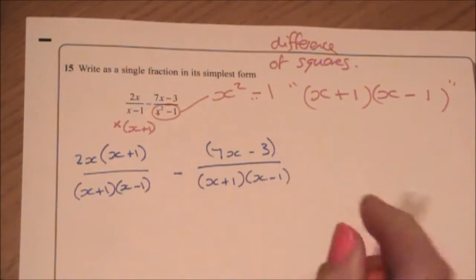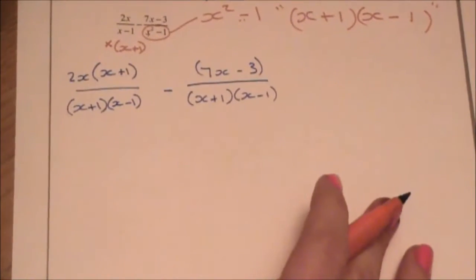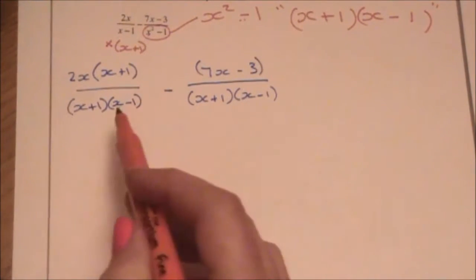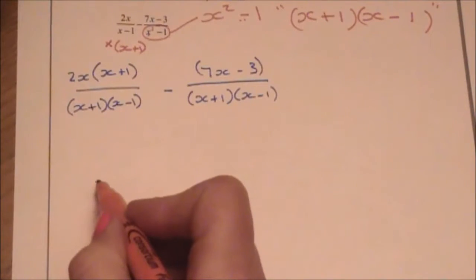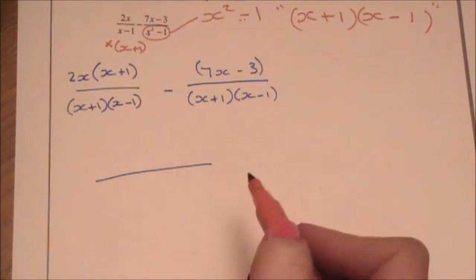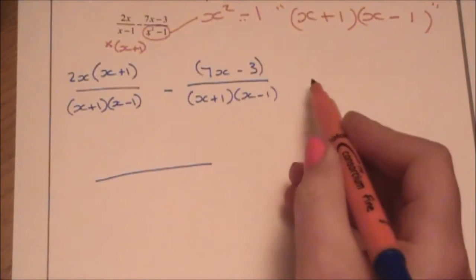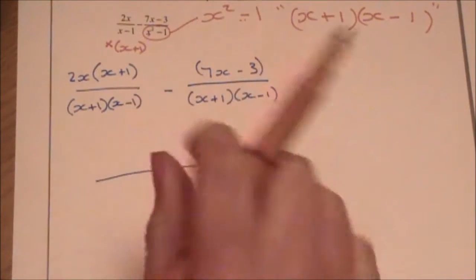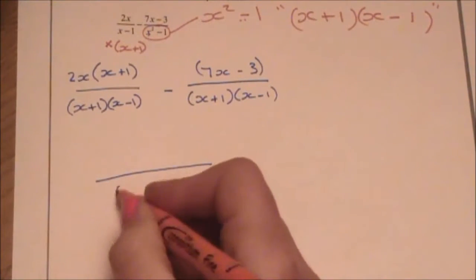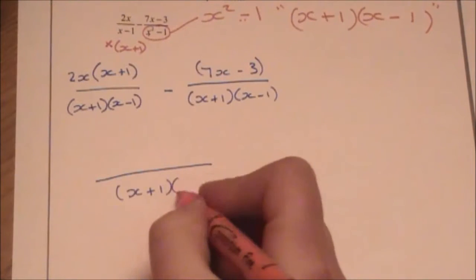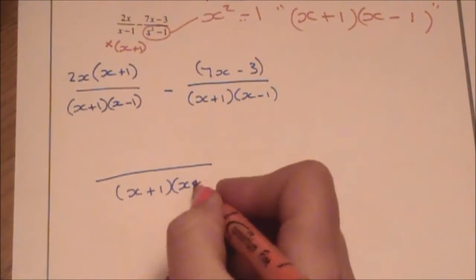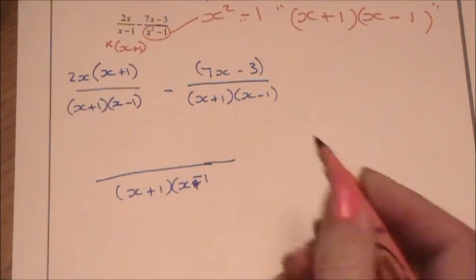You'll see why later down. Okay, so I've done that quite successfully. Now I've got both denominators the same. I can write it as one fraction over the same denominator, because whenever you're adding or taking away, the denominator is the same. So my denominator is going to be x plus 1, x minus 1.